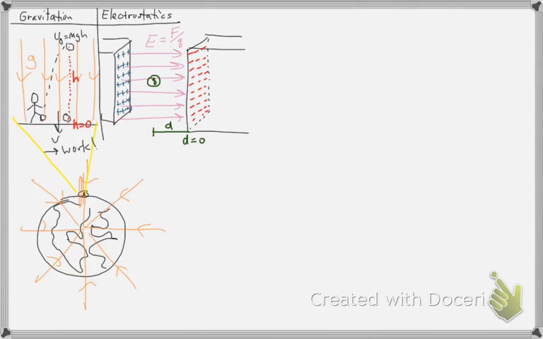Now if we choose a distance zero, just like we had to choose a height zero, we can associate that charge and that distance with some energy. In fact, it's almost the same equation, U equals qEd, just like mgh: a quantity, a field, and a distance. Now that can be realized into work.